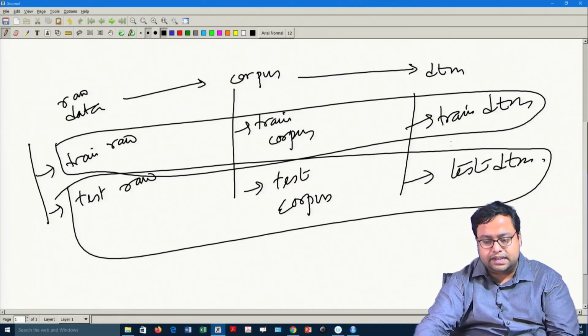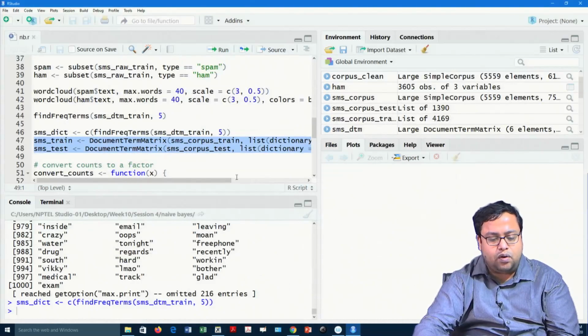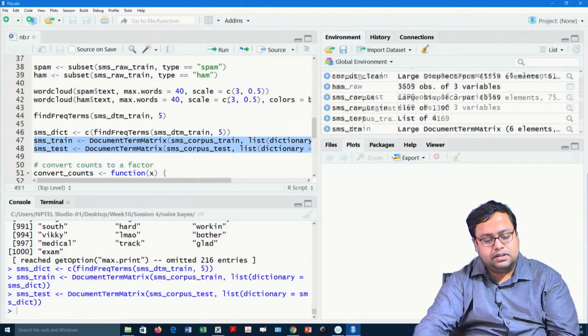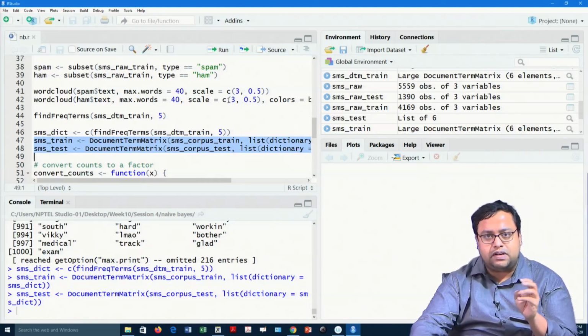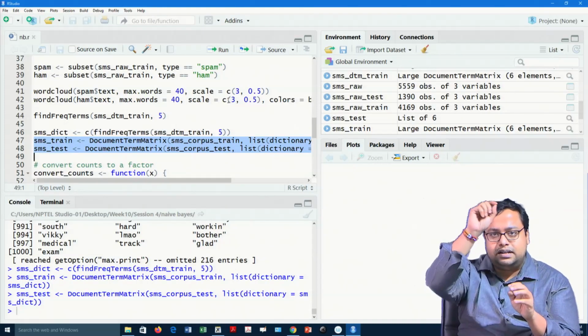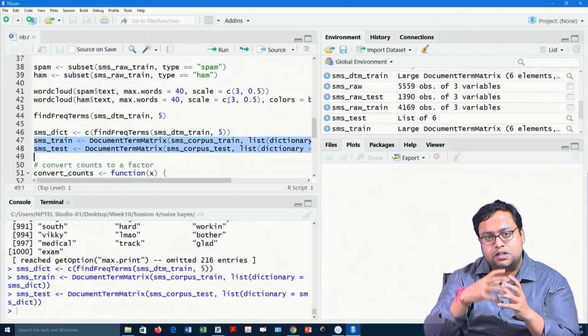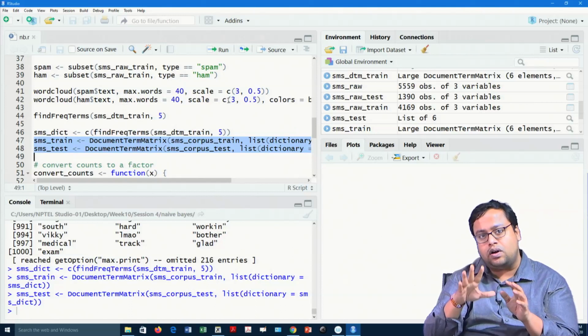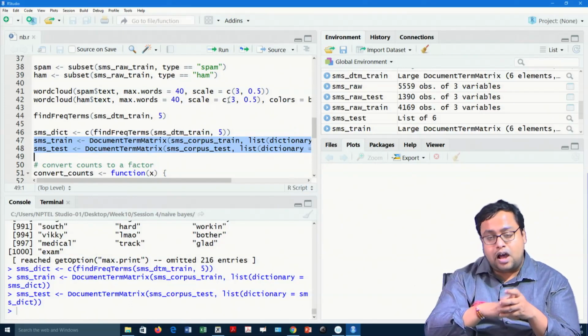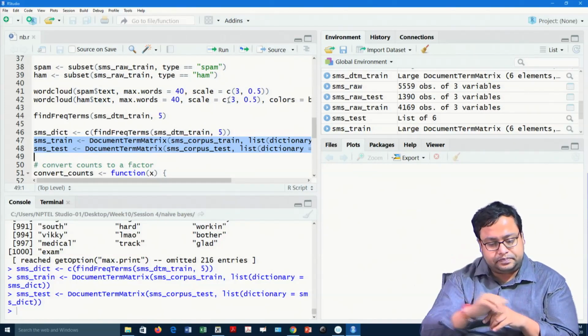I am recreating them, but now with a dictionary of this data, not the whole set of words. So, I am creating a document term matrix. If you remember, the document term matrix had the terms on one side, the document numbers and their corresponding counts. Not whether it occurred or not, but how many times it occurred.